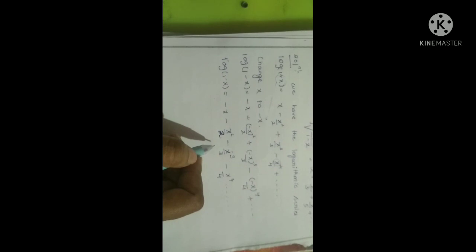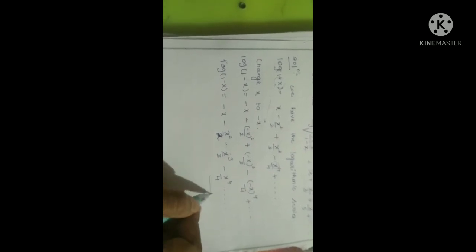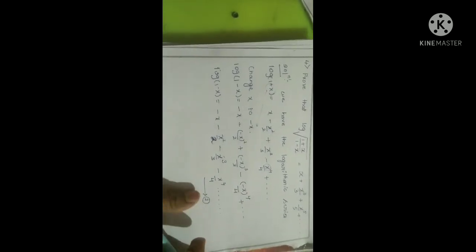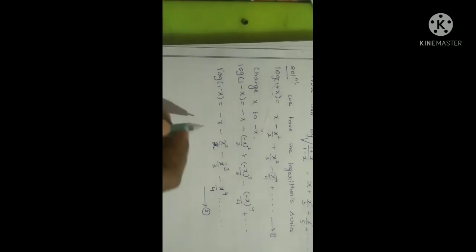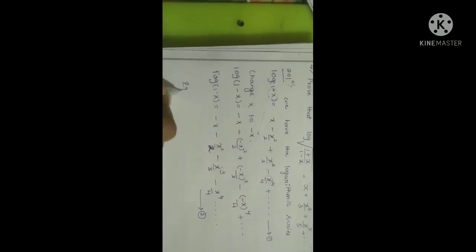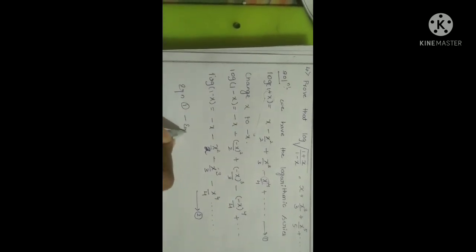So consider this as your equation 2, and log of 1 plus x as equation 1. Now you have both equations 1 and 2. What you have to do is equation 1 minus equation 2.